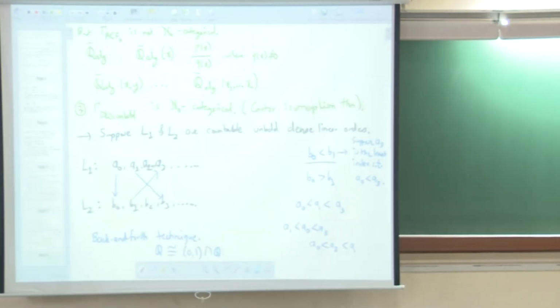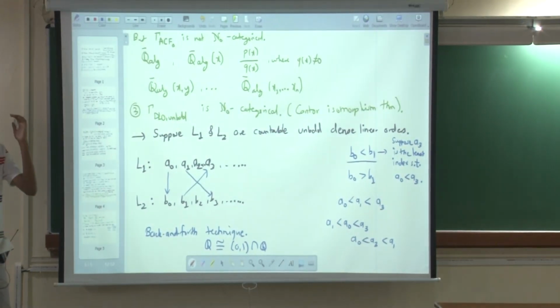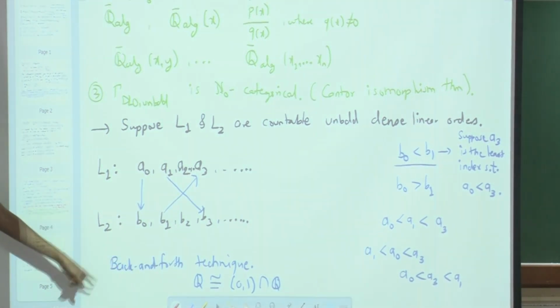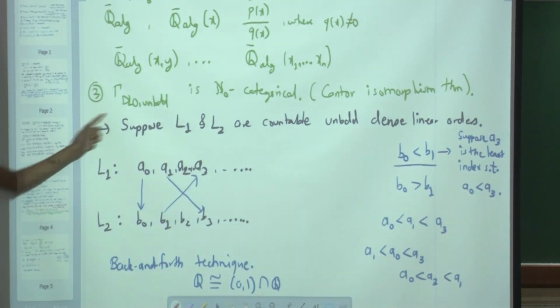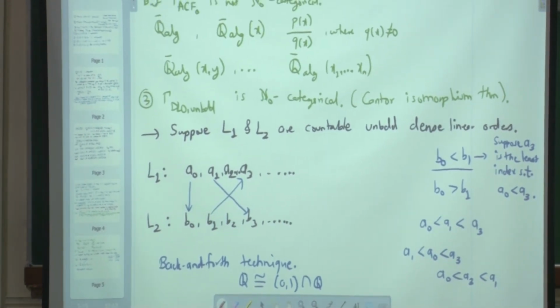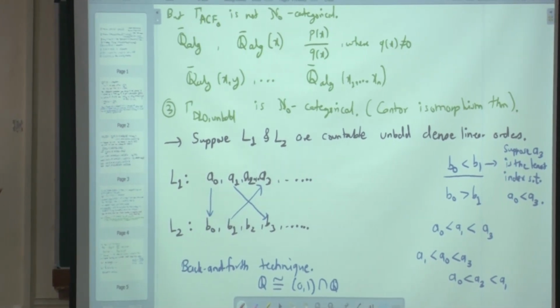The rational interval 0, 1, the rational interval 2, 3, they are all isomorphic to the rational numbers as a model of the theory of DLO unbounded.